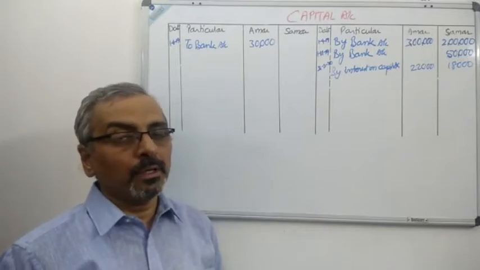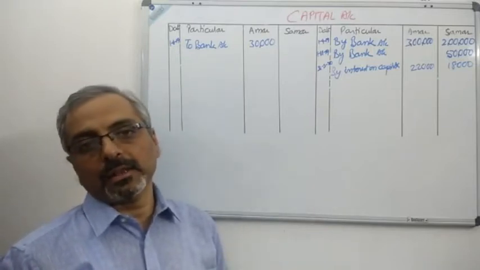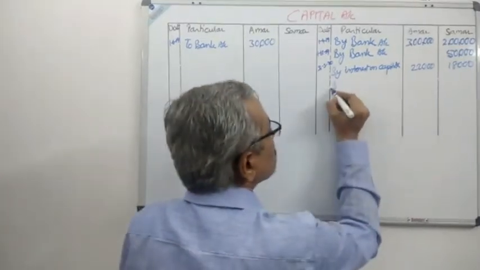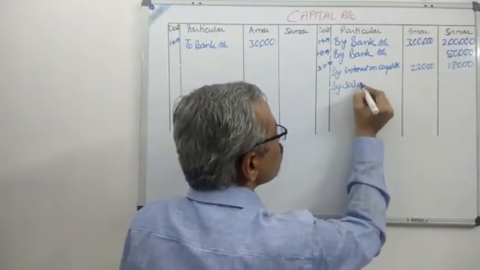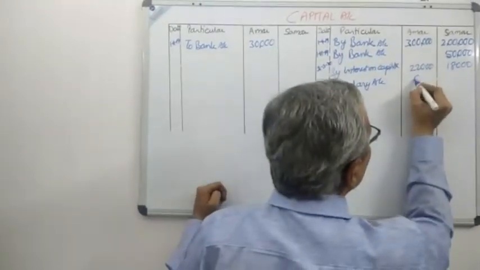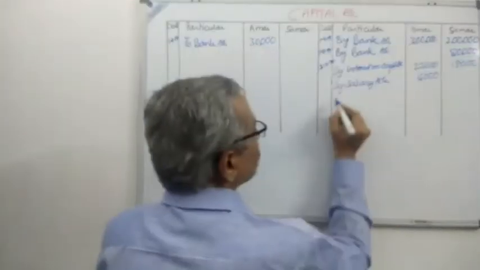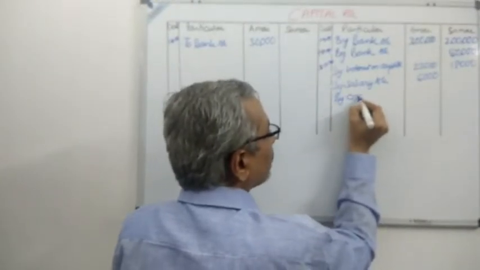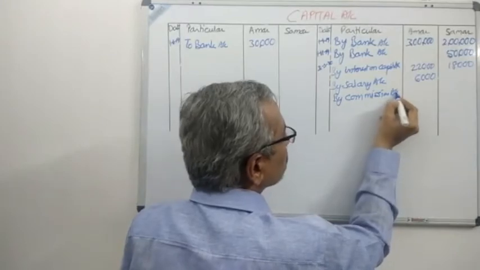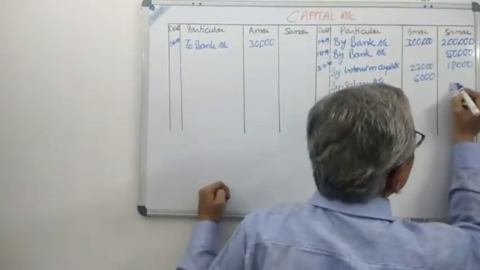And if you remember, one of the partners was getting a salary and one of the partners was getting a commission. So by salary, who had got a salary? Amar. How much was the salary? 6,000. Next one, by commission. Who has got the commission? Samar. What was the commission?